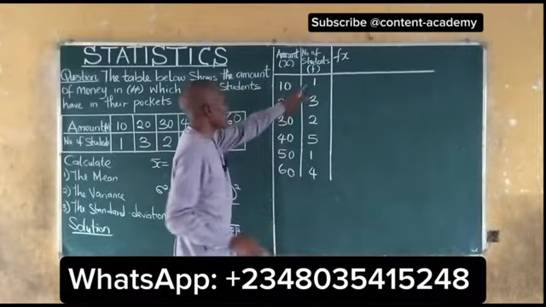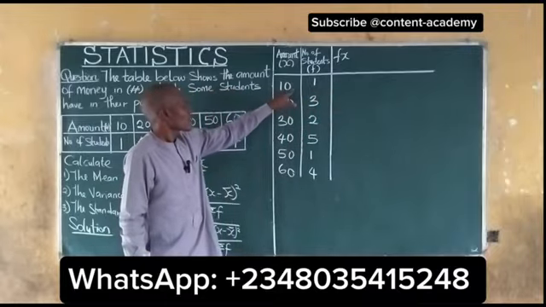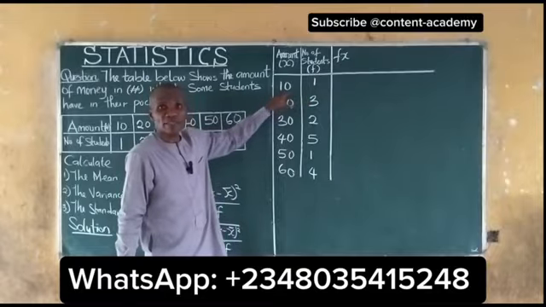Now, how do we get our f of x value? Our f of x value is this multiplied by this. That means the values here multiplied by the values here.